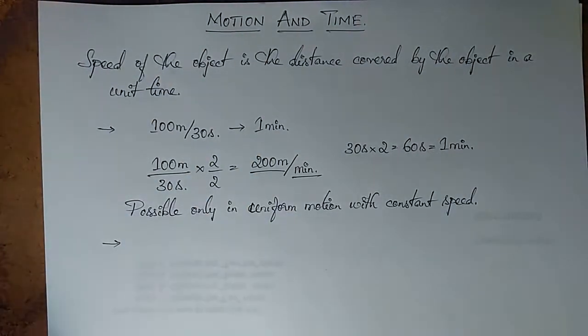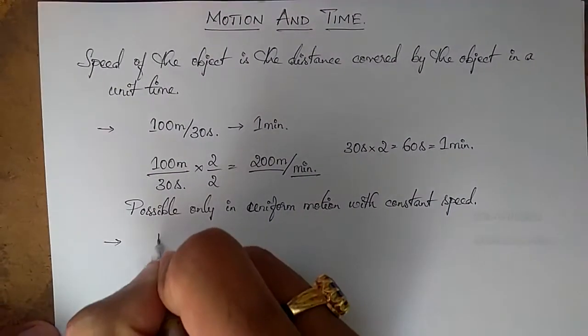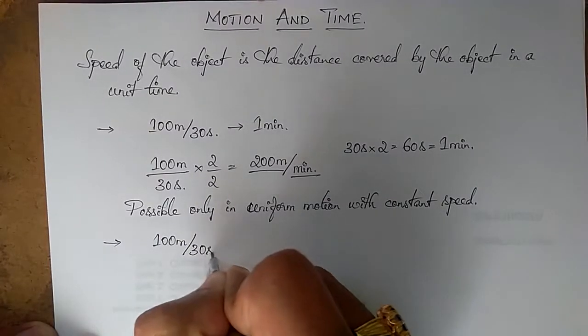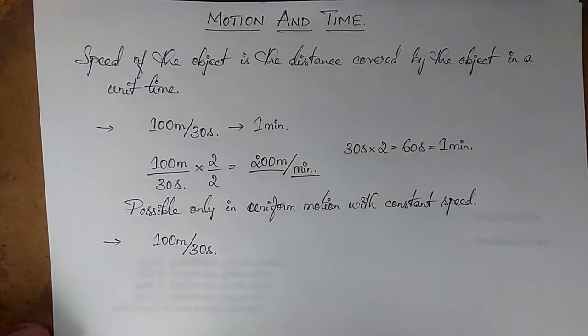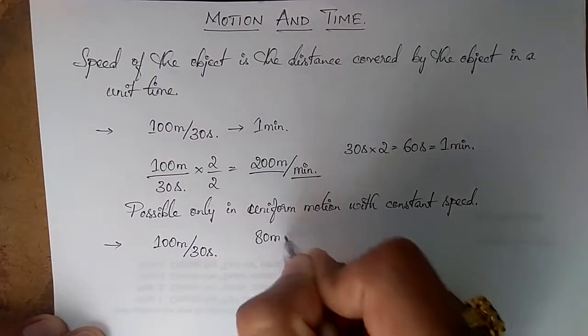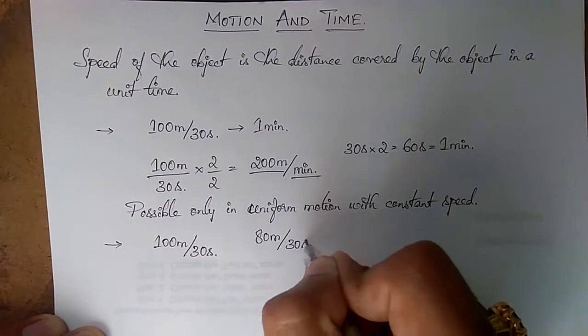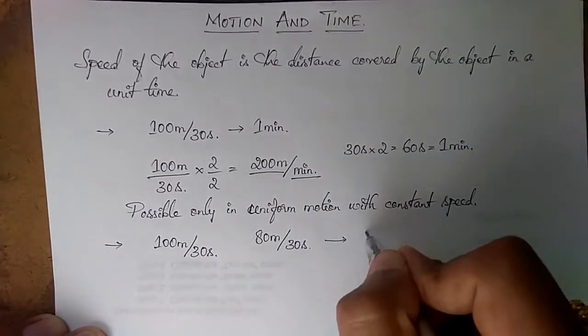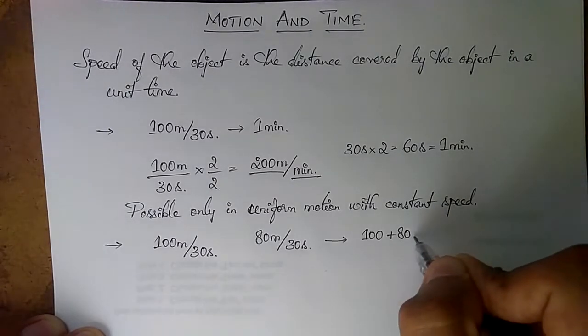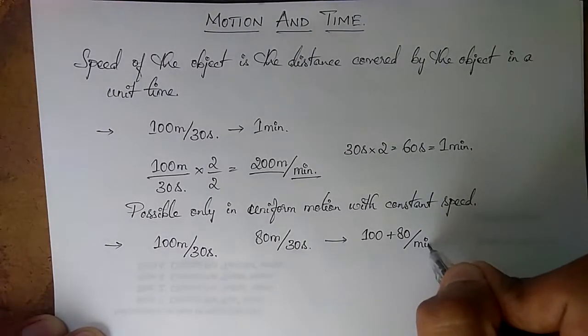Now, for the second possibility, let us suppose that the winner had covered 100 meters in 30 seconds for the first 30 seconds of the race. And due to tiredness, he only manages to cover 80 meters in the next 30 seconds of the race, which makes him cover 100 plus 80 for a minute.